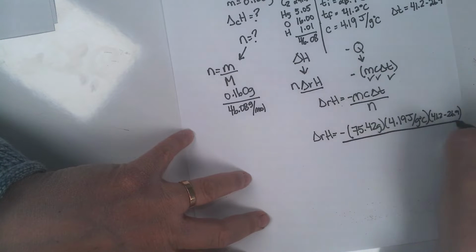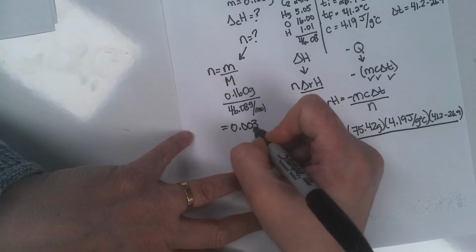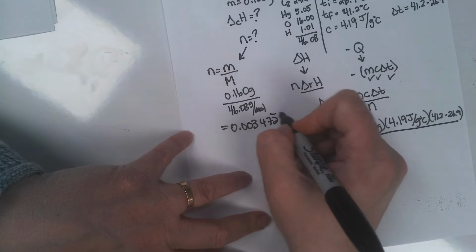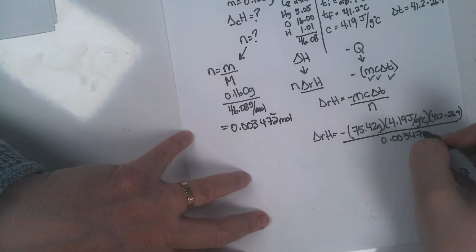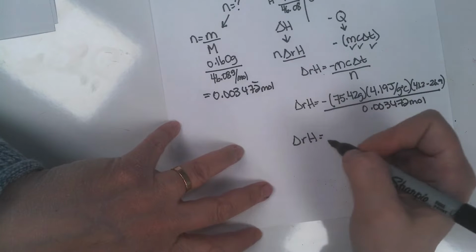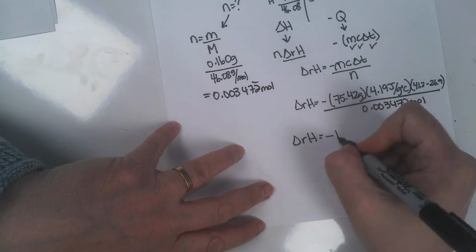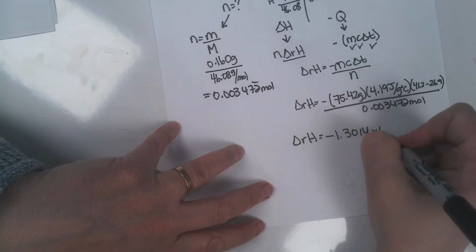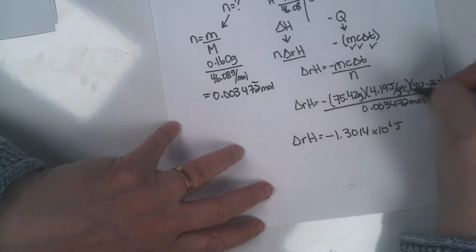And then we're going to divide all that by our number of moles, which we determined to be 0.003472 moles. So delta rH is equal to negative, carrying from here, 1.3014 times 10 to the 6 joules. So when we do our canceling, grams cancel out, degrees Celsius cancels out, we're left with joules per mole.